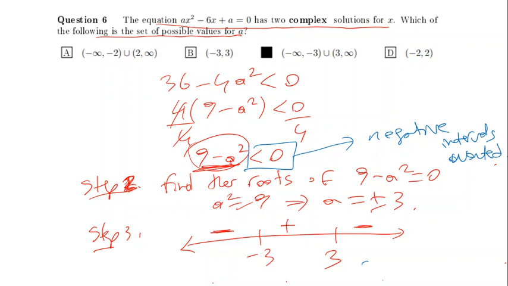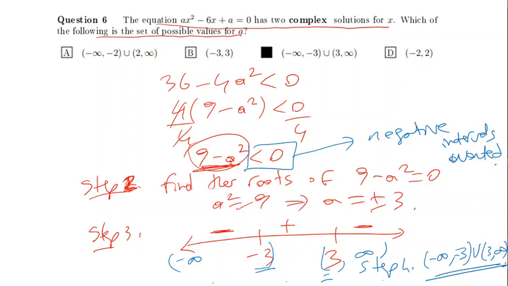So step 4 is we can write it as minus infinity up to minus 3 not included, and 3 to infinity, so 3 also not included, so the solution has to be this.